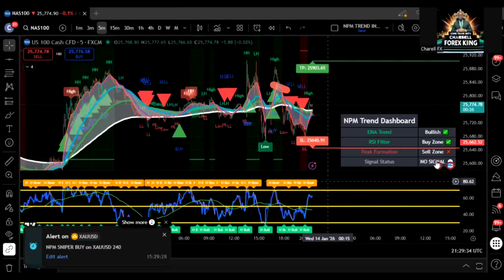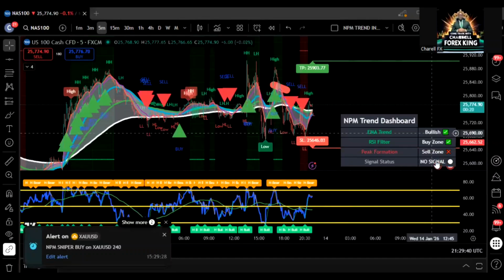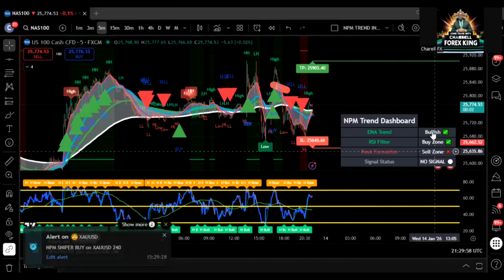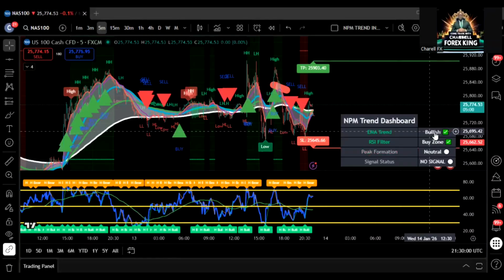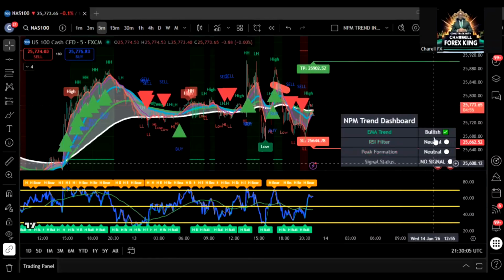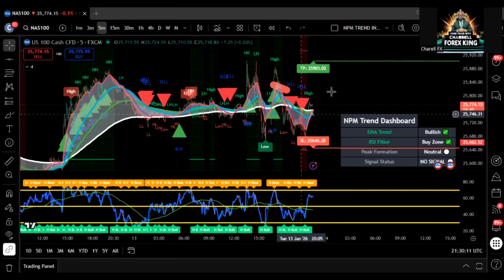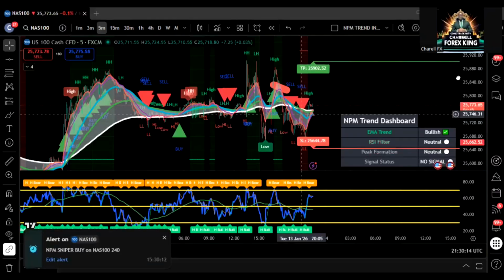When this lights up bullish, buy zone, and then it's a buy right here, buy signal. That's letting you know that it's a buy. When it lights up red, sell zone, it's a sell. It lights up bearish right here, and a sell signal. That's letting you know that it's giving you a sell, and it gives you the arrows, so you can take a buy or a sell.